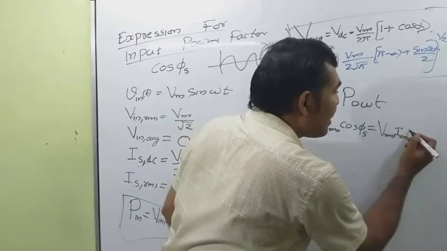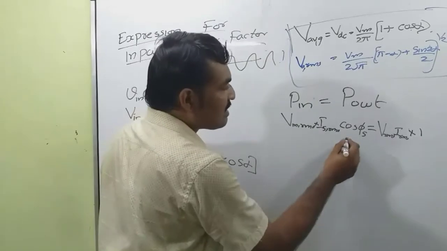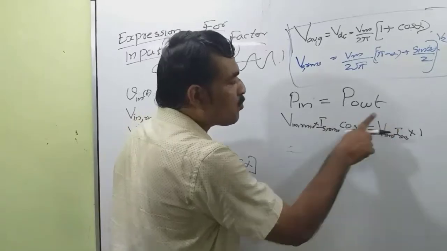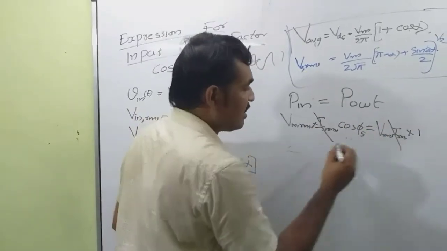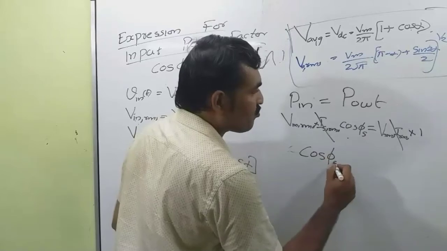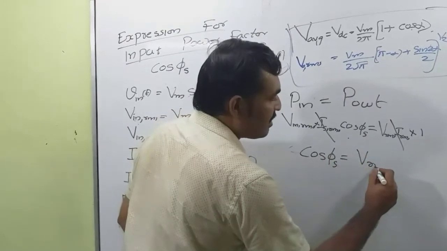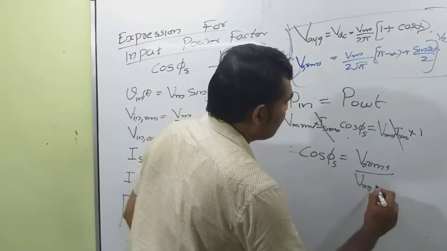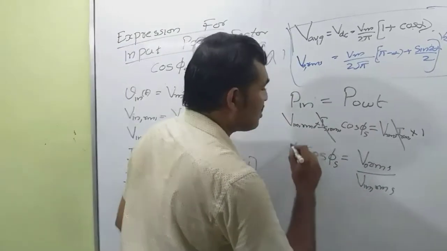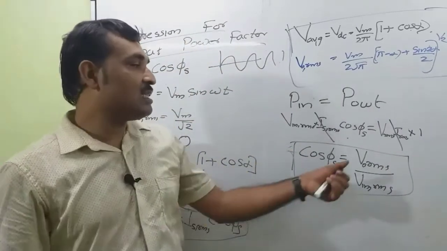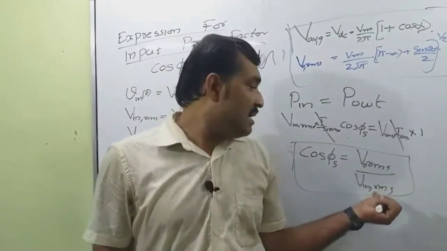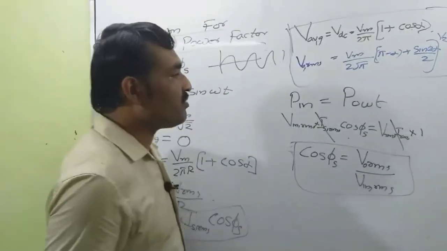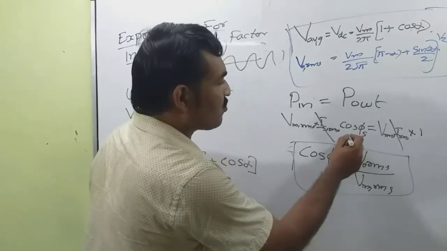So VRMS into IRMS into 1. We know that the RMS values of input current and output current are the same, so this term cancels. So the input power factor cos phi S is equal to VRMS, the output side, divided by the RMS value of the input side voltage. So this ratio is the power factor, that is the RMS value of the output voltage divided by the RMS value of the input voltage. Or we can define the power factor as cos phi S.